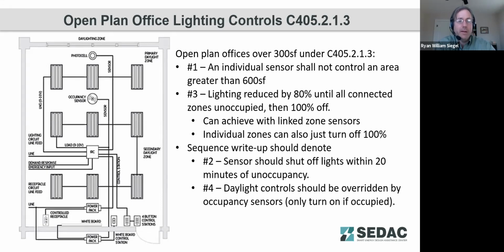So the occupant sensor should be the command control function for turning lights on, and then only if a zone is on would the daylit sensor modulate that lighting back down.